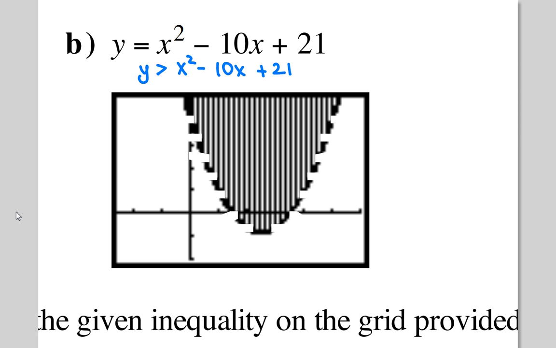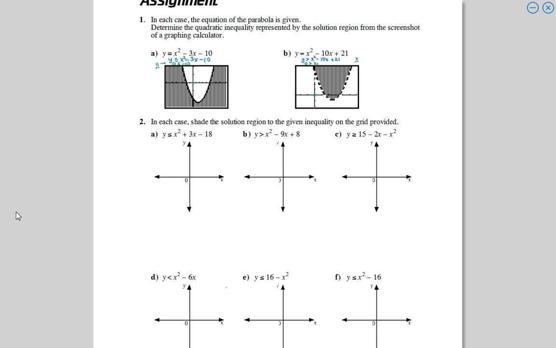Test 0, 0. Should we expect it to work? No, because it's not in the region. So 0 greater than 21, because x is 0? Is that true? No. That's why that region's not shaded. Make sense? Kind of. Okay.